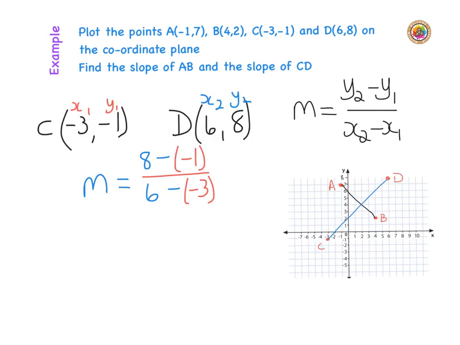Minus by minus is going to be a plus, and here's minus by minus is a plus. And so m is going to be equal to 8 plus 1, which is 9, over 6 plus 3, that's also 9. So 9 divided by 9, the slope of the line is 1. And that's our answer.